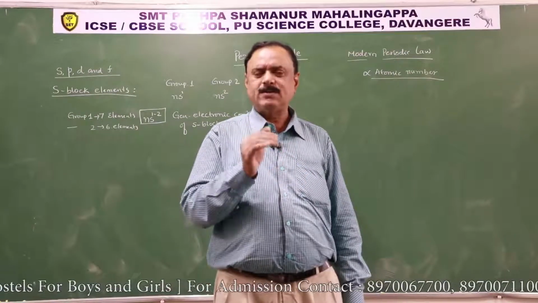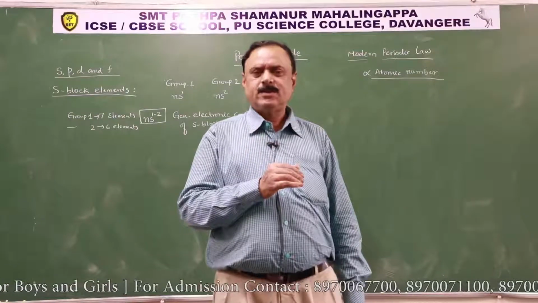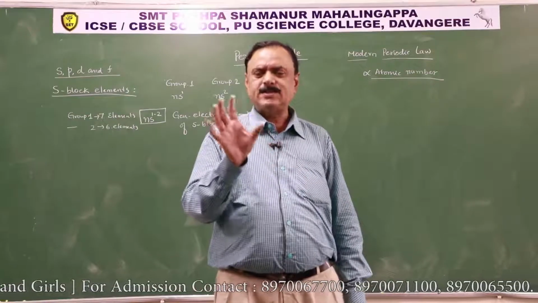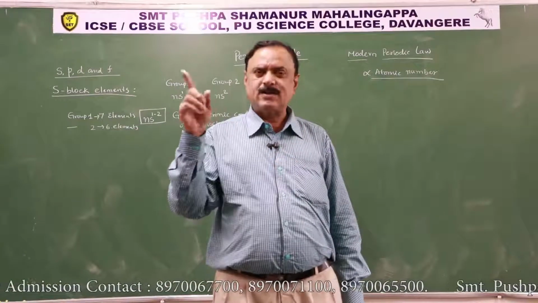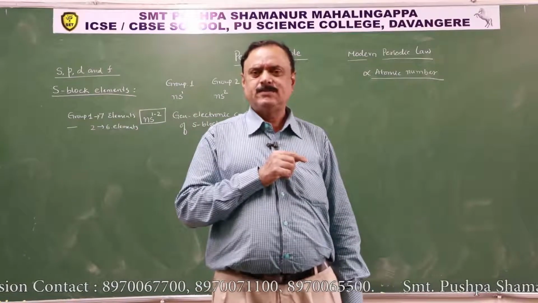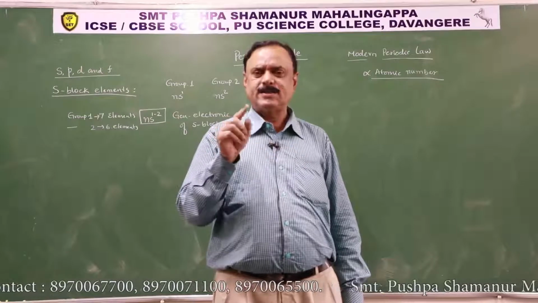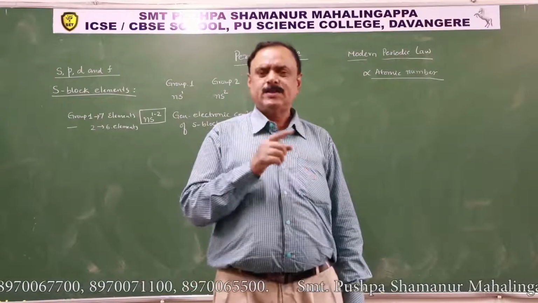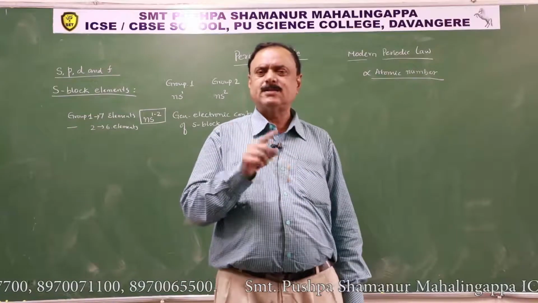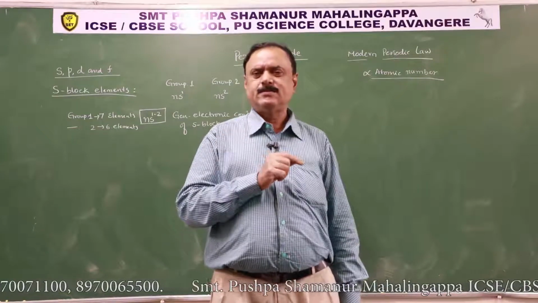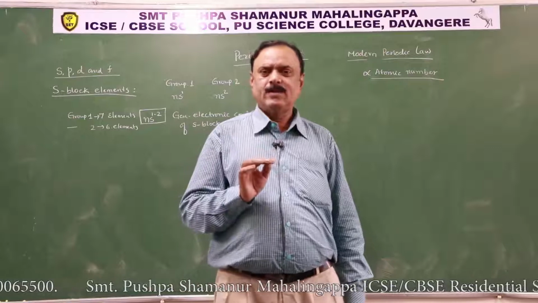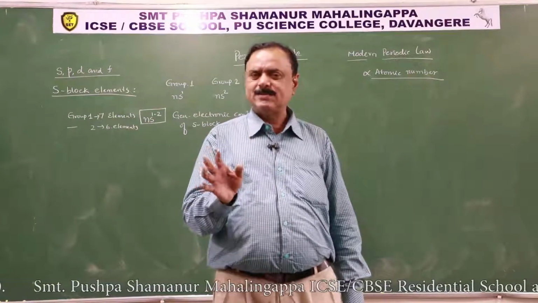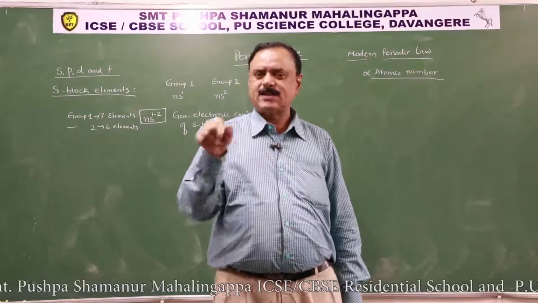They are soluble in water. Therefore, the hydroxides are considered bases. All bases are not soluble in water, but alkali hydroxides are soluble in water. Therefore, all alkalis are bases, but all bases are not alkalis.